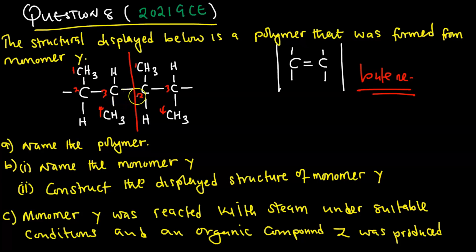Now, if we were to write the systematic name of the butene that was involved, it will be but-2-ene. 2-ene, because it was like this: carbon, then carbon here, carbon here.